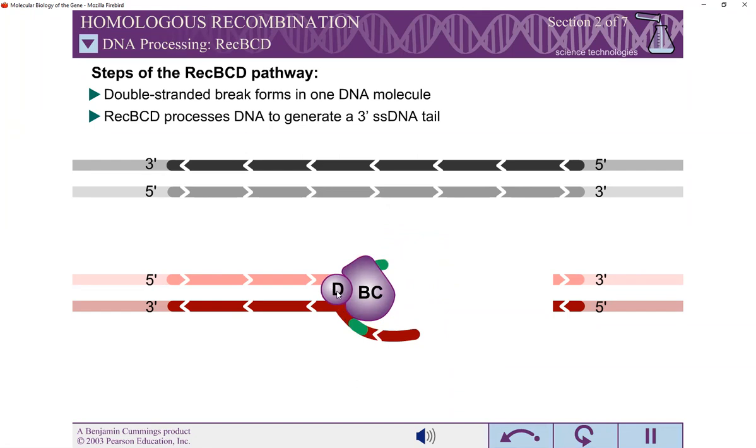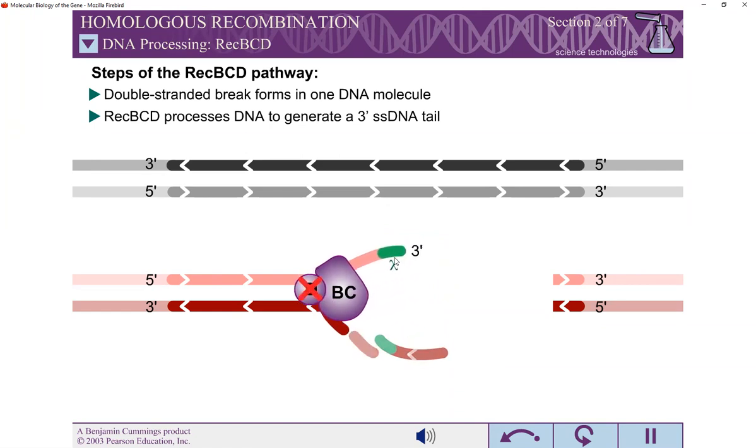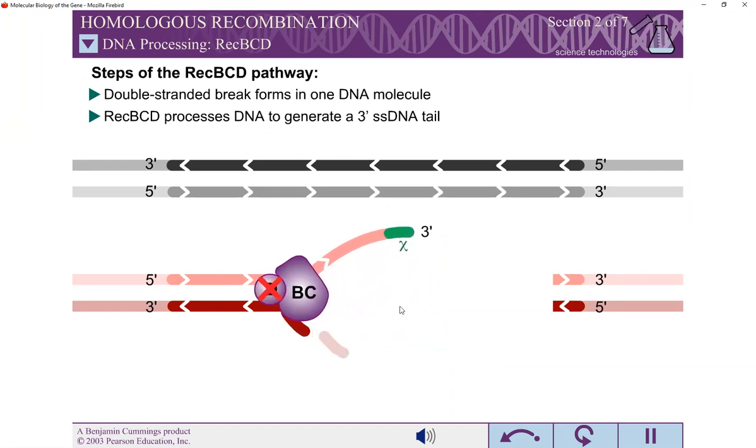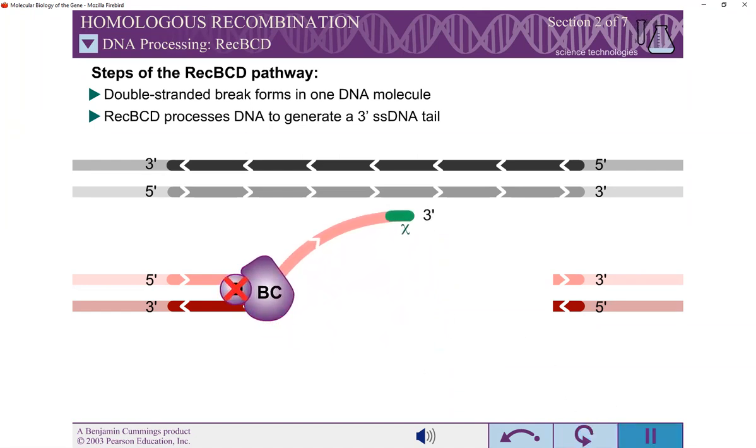At a chi site, its nuclease activity is altered. The mechanism of this change is unclear, but appears to be associated with either the inactivation or loss of the RecD subunit. Beyond the chi site, RecBCD no longer cleaves the DNA from 3' to 5'. However, once the RecD activity was being lost, this chi site was the subject of the binding of the RecA protein.